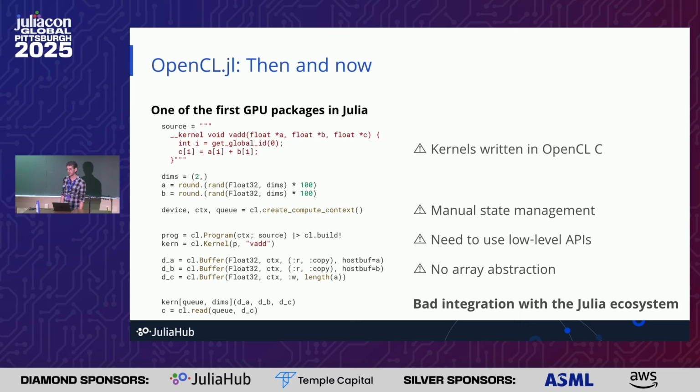And then finally launch the kernel with slightly clunky syntax. So this is very different from what our modern GPU backends look like. And as a result, integrating the current state of OpenCL.jl into code that assumes a GPU backend, such as the other GPU backends, is not going to work well. So OpenCL.jl integrates fairly badly with the rest of the GPU ecosystem.